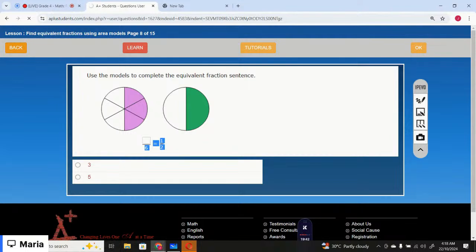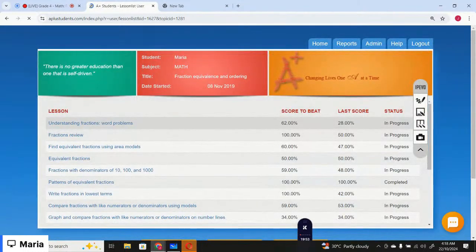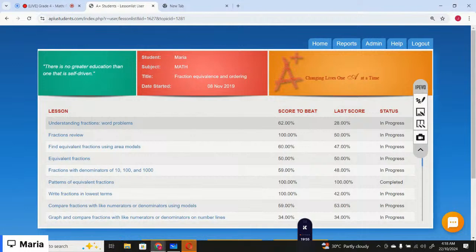The next lesson is equivalent fractions.